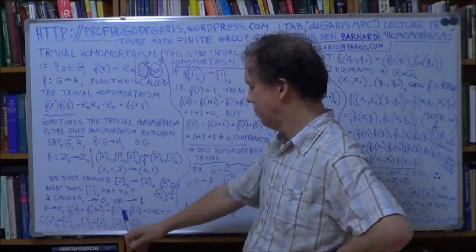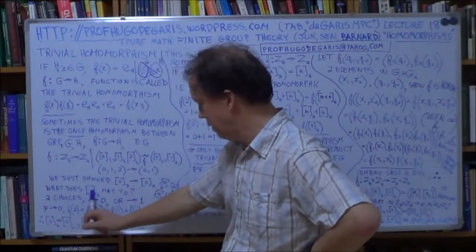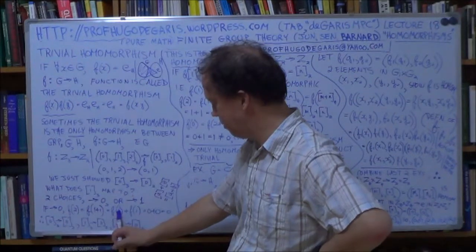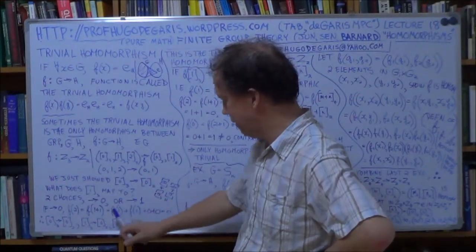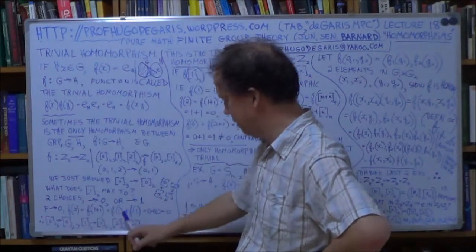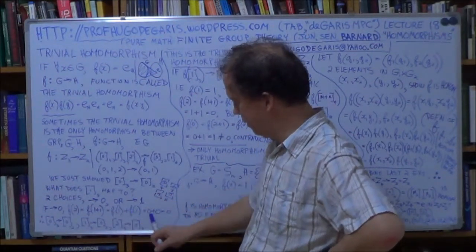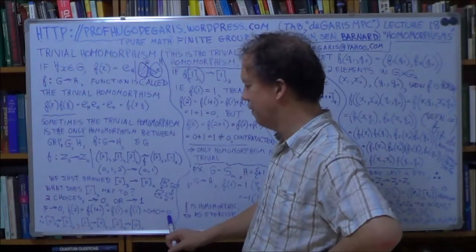Now we've assumed that this one here maps to 0. So if 1 maps to 0, you get 0 plus 0 is 0.